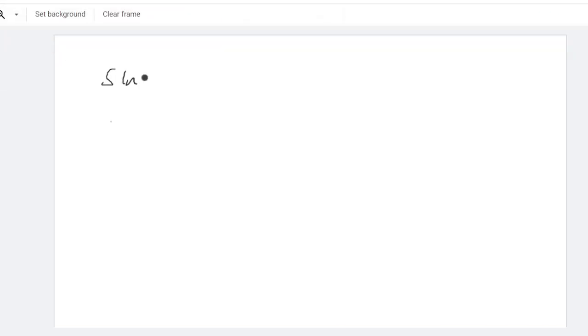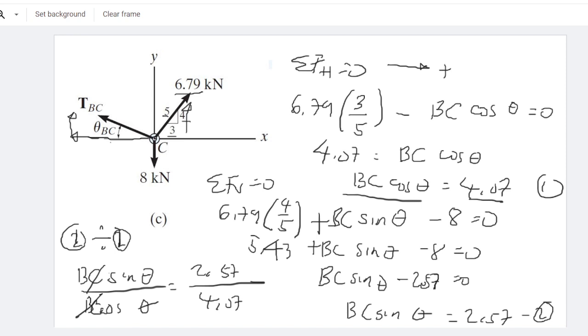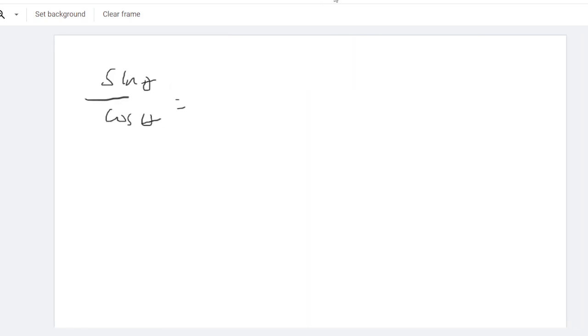So tangent theta is equal to 2.57 divided by 4.07, which gives you 0.63. This is just tangent theta equal to 0.63.